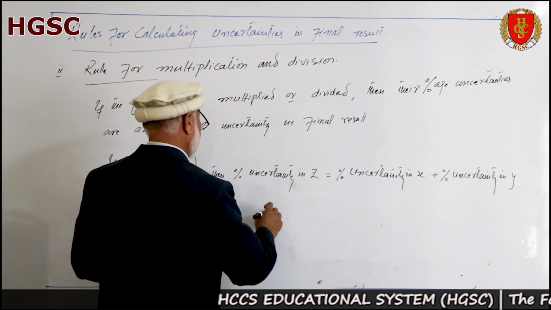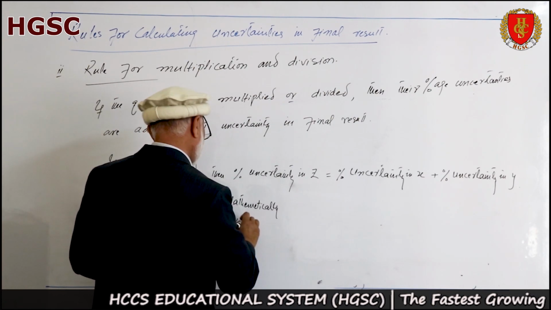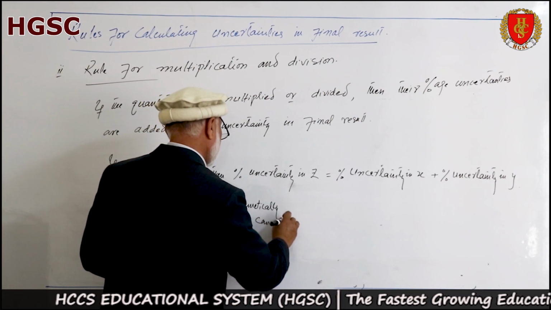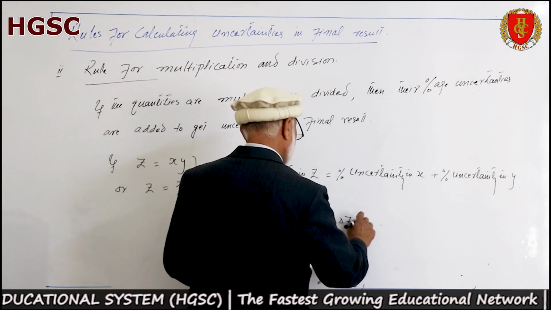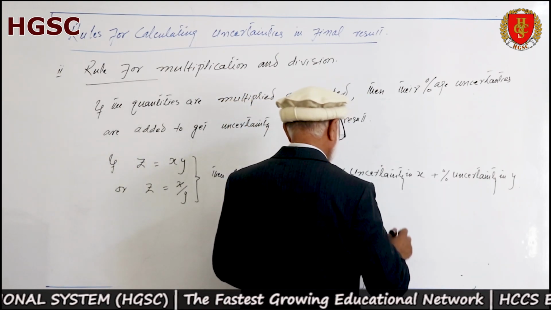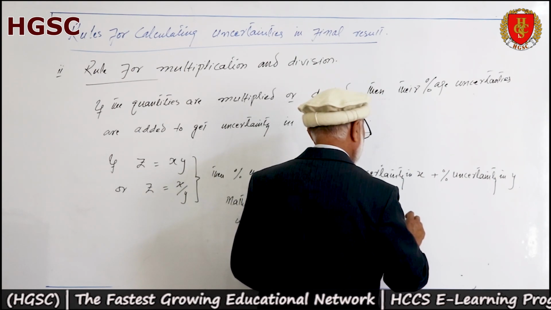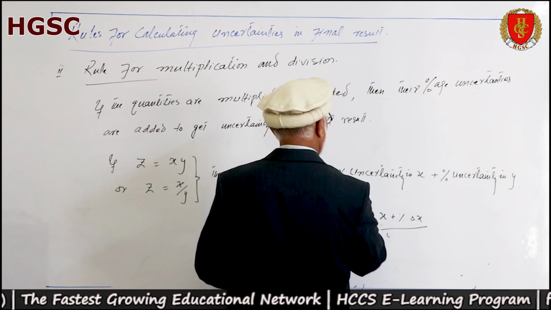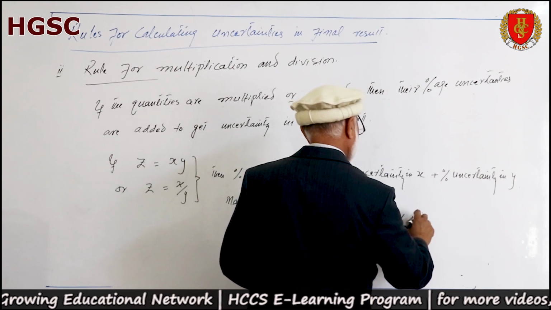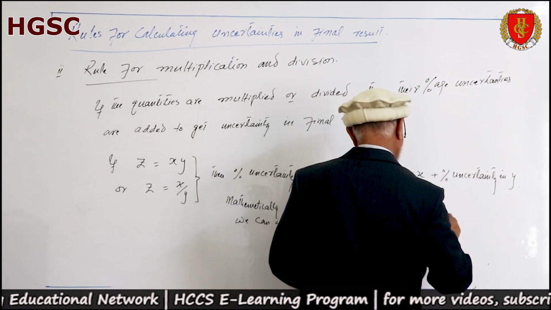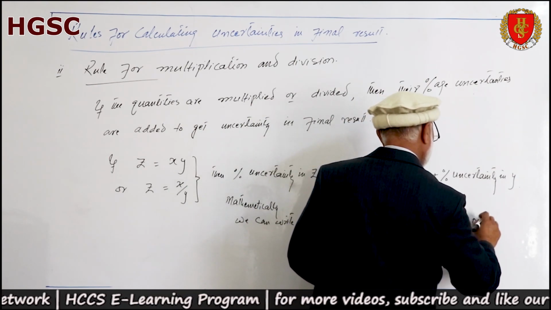Mathematically, we can write z plus minus delta z is equal to x plus minus percentage delta x, multiplied by y plus minus percentage uncertainty in y.